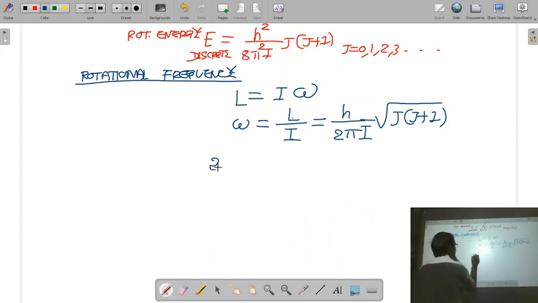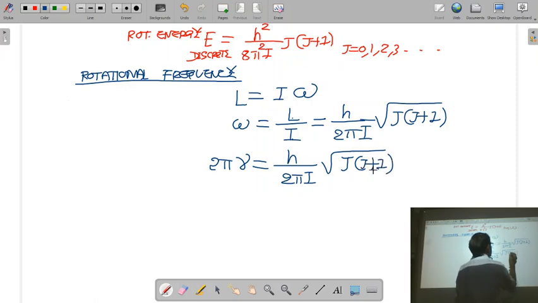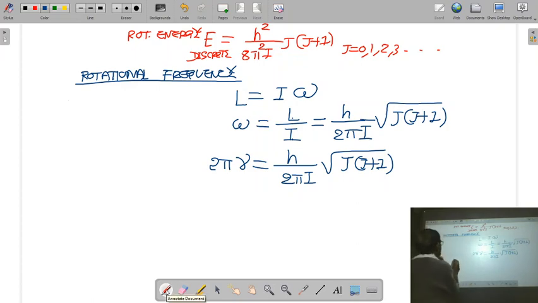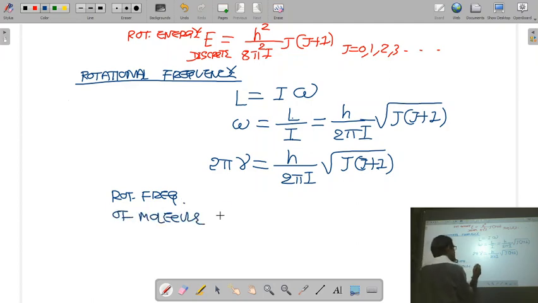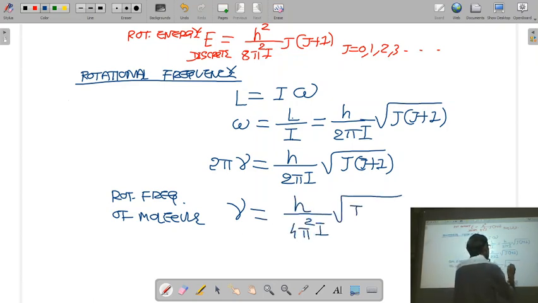Now omega is nothing but 2 pi nu, that is h upon 2 pi I under root J into J plus 1. So the rotational frequency of the molecule, nu, is h upon 4 pi square I under root J into J plus 1.